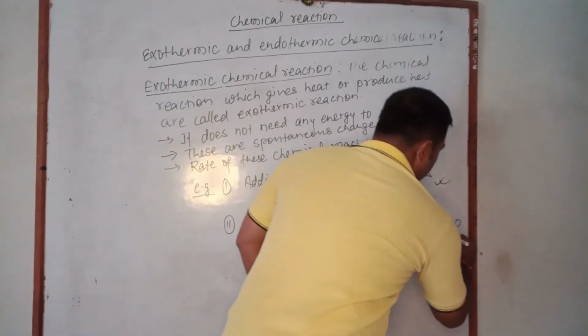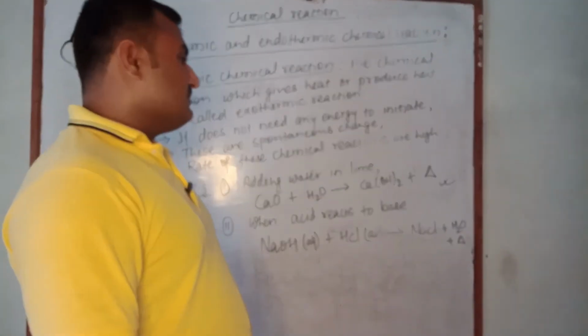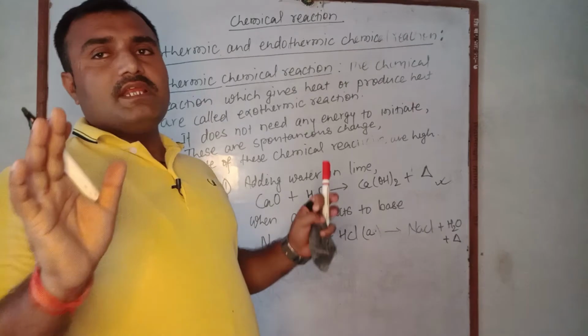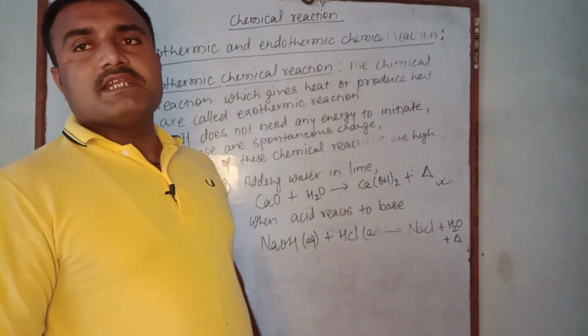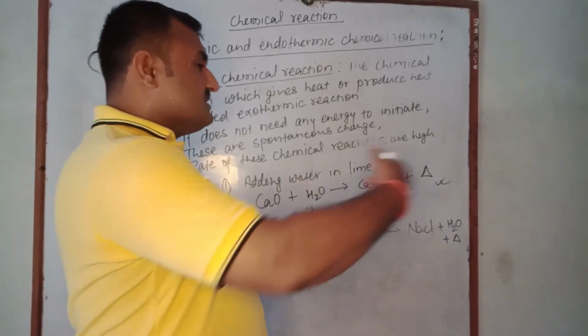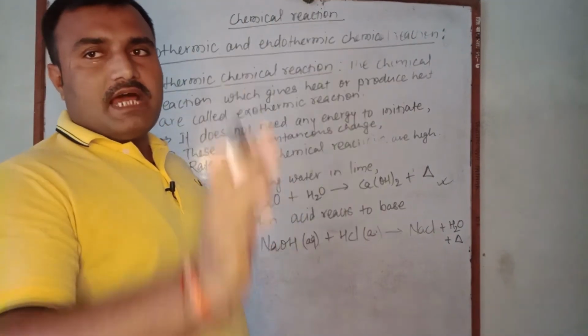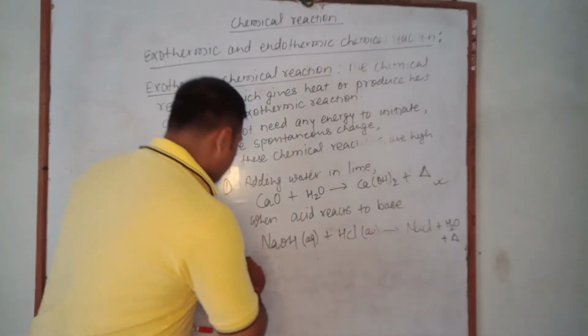It means what? Heat is also produced there. Therefore it is exothermic reaction. And here we can describe all these examples in which the container becomes hot after reaction, or which radiate or release heat energy during reaction. So these all are examples of exothermic reaction.